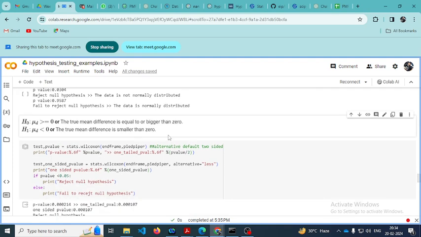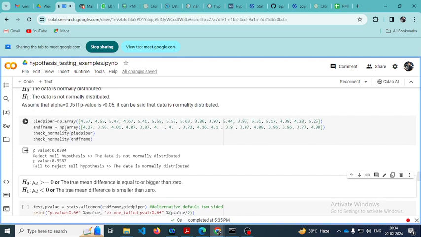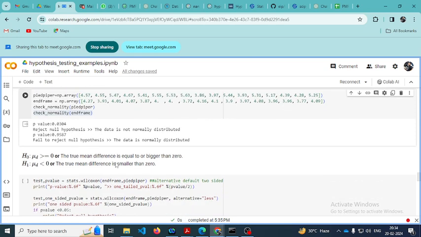Whenever you have this kind of data, for example, in this case, this company's data is not normally distributed and this Enframe company's data is normally distributed. So you have two different companies' data. One company's data is not normally distributed, another is normally distributed.